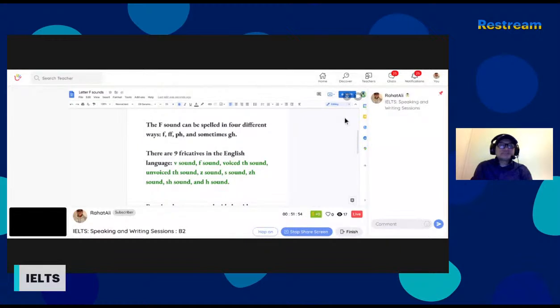There are 9 fricative sounds in the English language: V sound, F sound, voiced TH sound, unvoiced TH sound, Z sound, S sound, the J sound, SH sound, and H sound. So if you have a look carefully, you'll be able to understand that. So these are fricative sounds, and I'm going to explain what a fricative sound is.